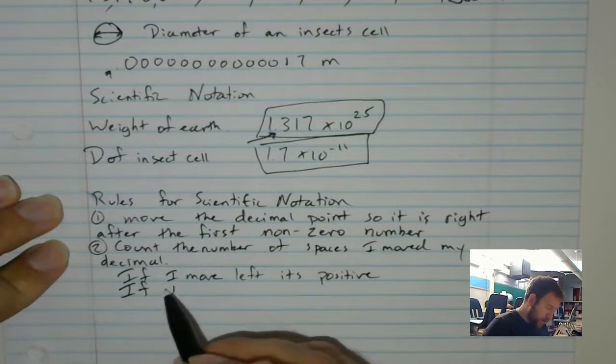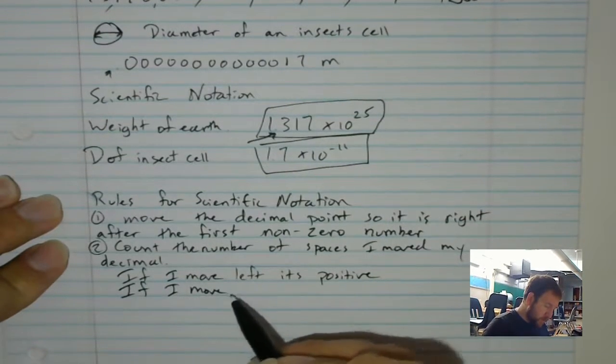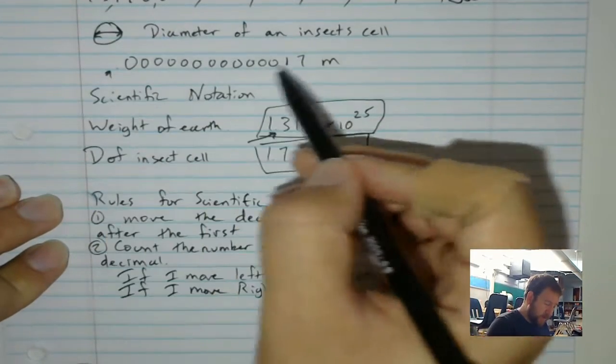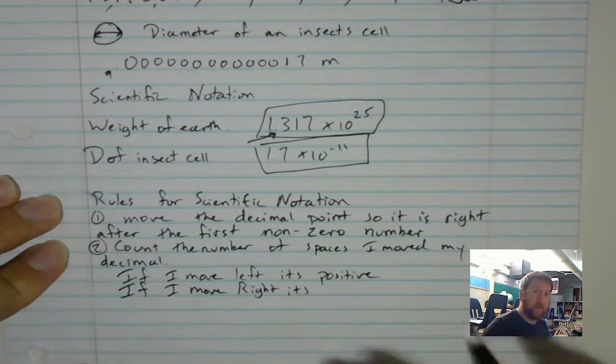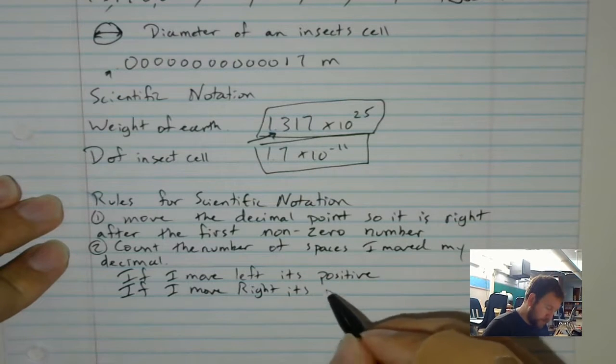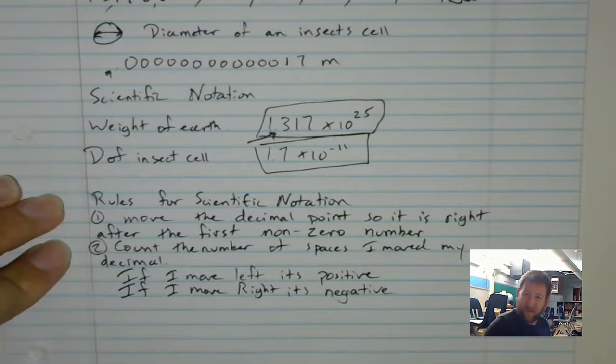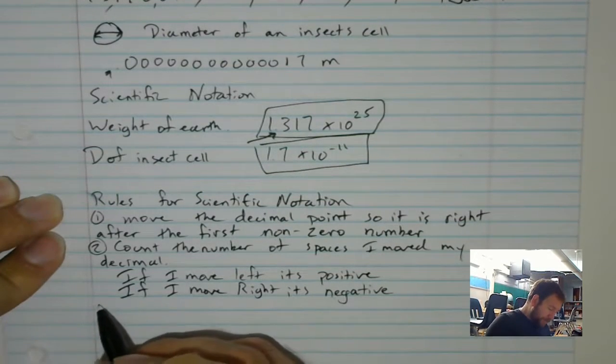If I move right, if I start here and go this way, it's negative, obviously. So the only other thing it could be, I guess, or maybe 0, right?